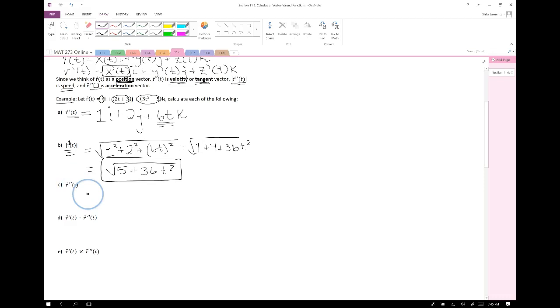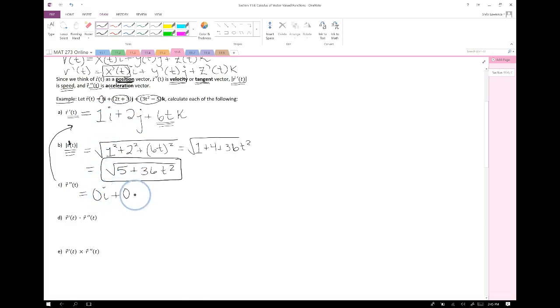For r double prime of t, just like in Calculus 1, the way we get the second derivative is by taking the derivative of the first derivative. So we've got to refer back to part A and just take the derivative one more time. So the derivative of a constant is 0. So the derivative for 1 is 0 in our i component.